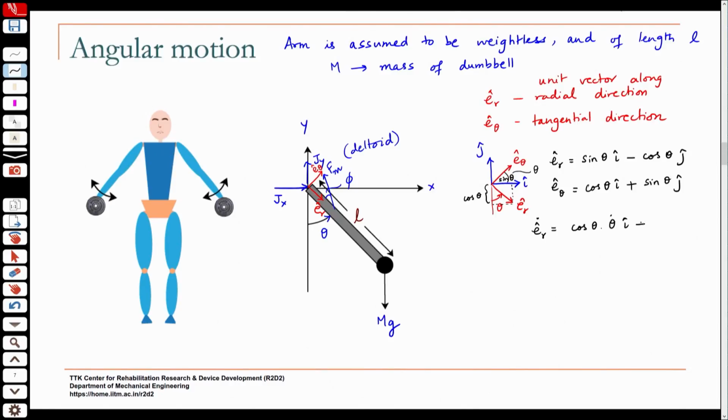Differentiating this term, I get plus sin theta into theta dot along j. Now, cos theta i plus sin theta j is nothing but E theta. So, the rate of change of this vector is nothing but theta dot along E theta.